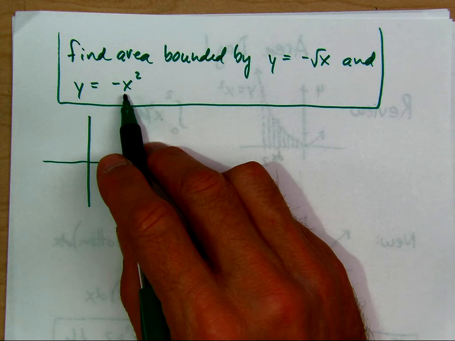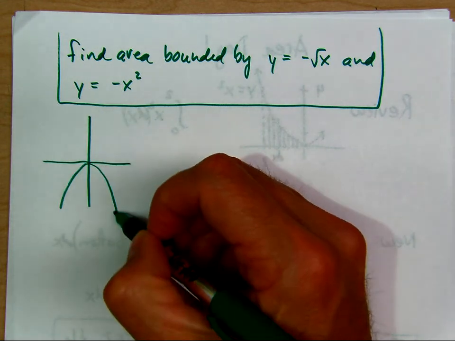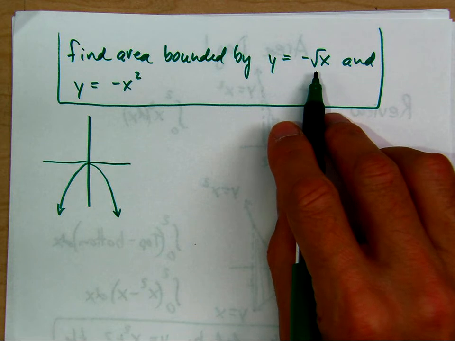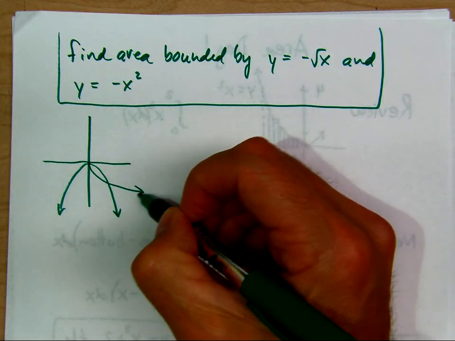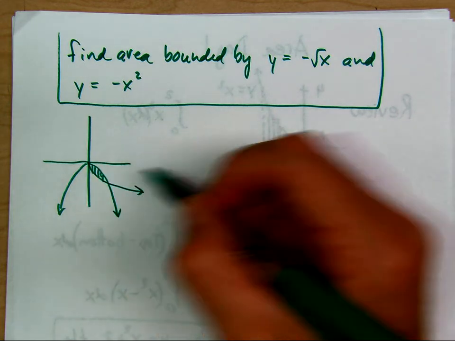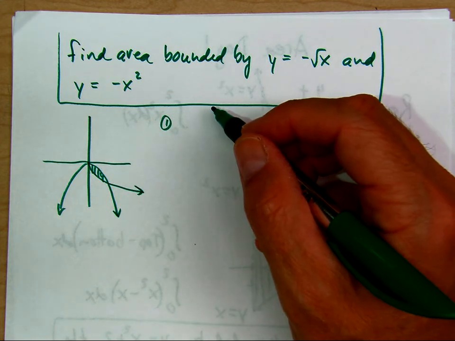Here we have a reflected parabola, and here is a reflected radical function. So we're going like that, and we want to find the area between the curves. So should we use vertical or horizontal rectangles?